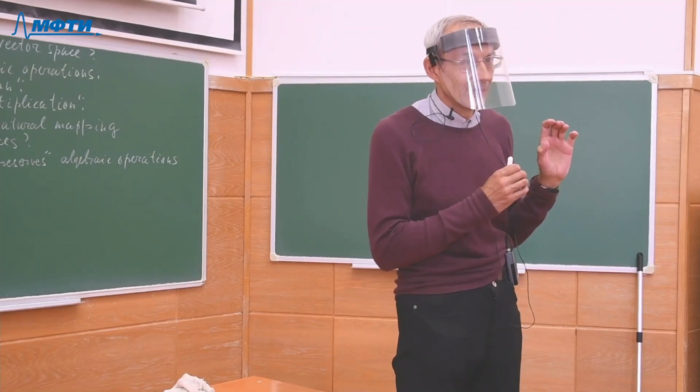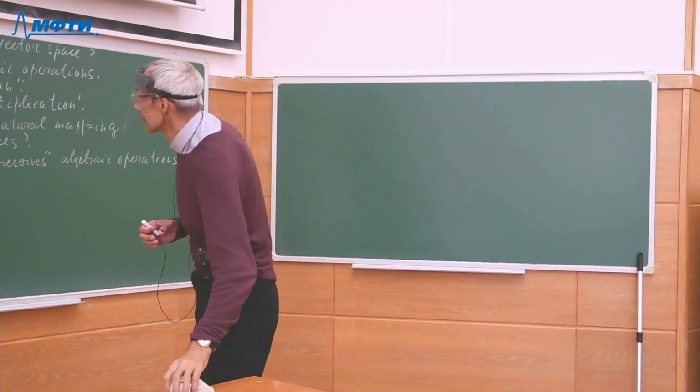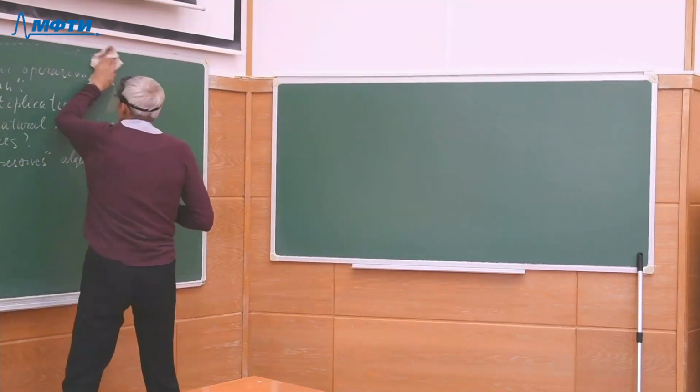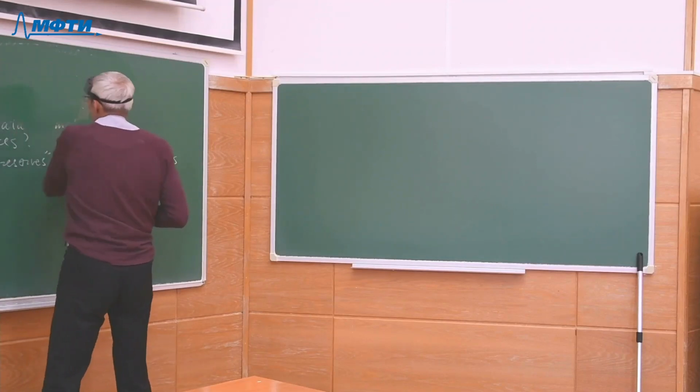And what does linear independence of vectors mean?